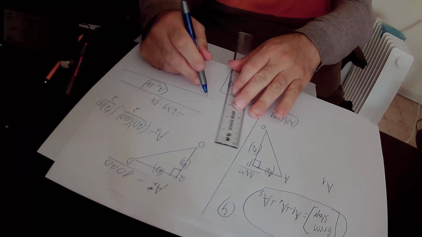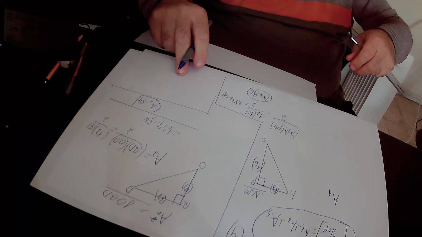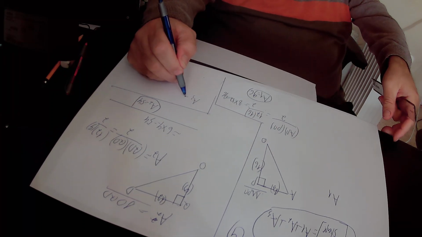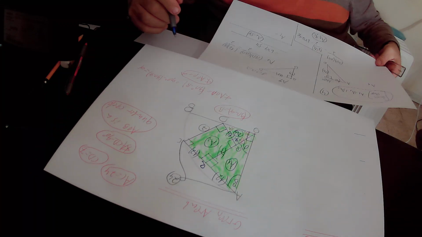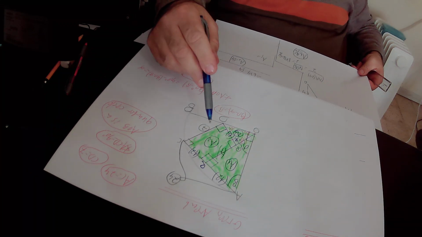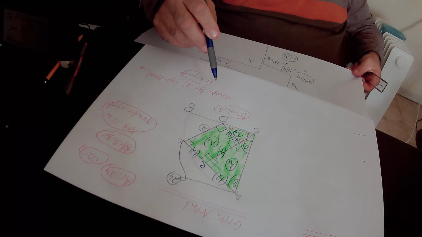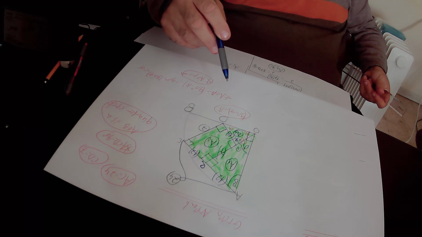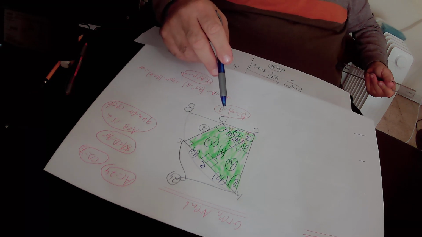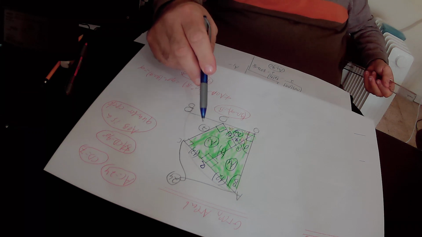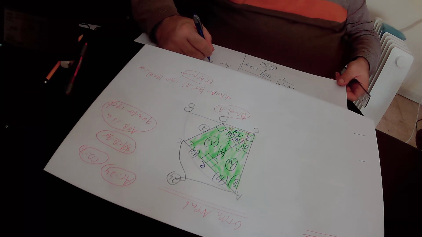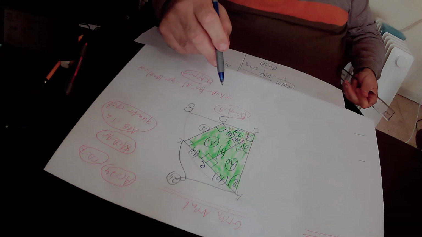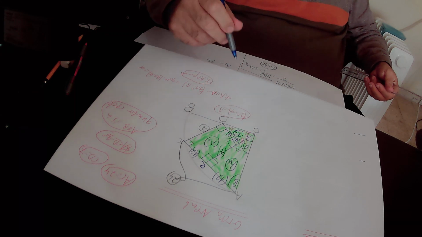And finally, we will find the area of A3. A3 equals the area of rectangle QPCD. The area of any rectangle equals the length of the rectangle times the width. The length is PC times the width, that is QP.